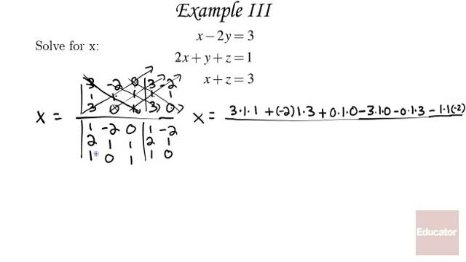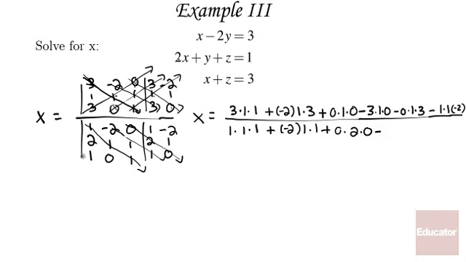In the denominator, I'm going to start at the upper left. My first diagonal is 1 times 1 times 1, and I'm going to add that to the next diagonal, negative 2 times 1 times 1, adding that to this diagonal, 0 times 2 times 0.